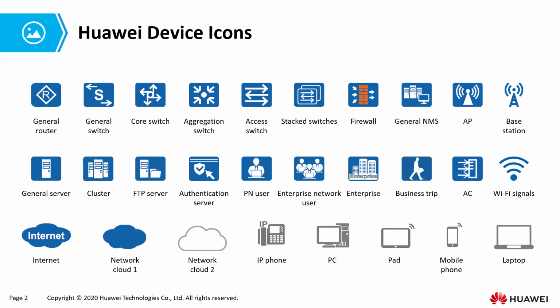For example, the first one is your router. On a network diagram, this icon basically means it's a router. If we go through all the icons with respect to HCIA, Huawei, these are the icons that will be used.